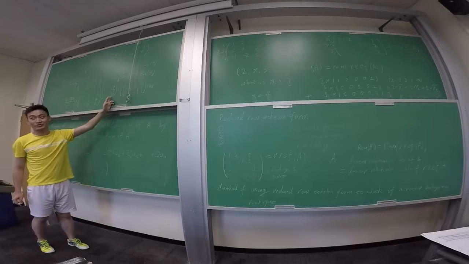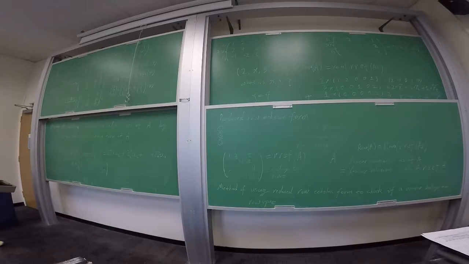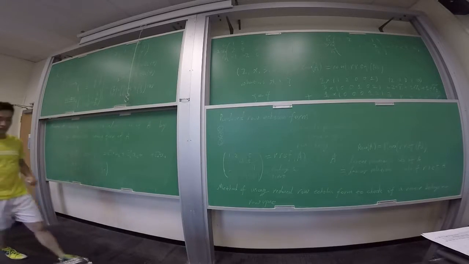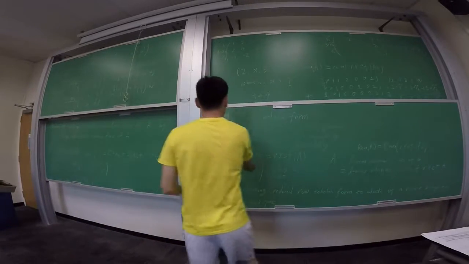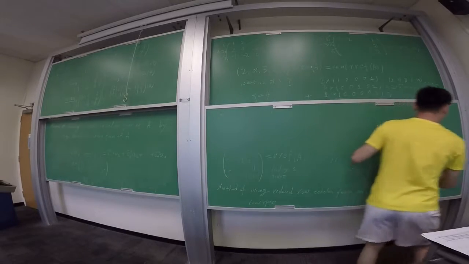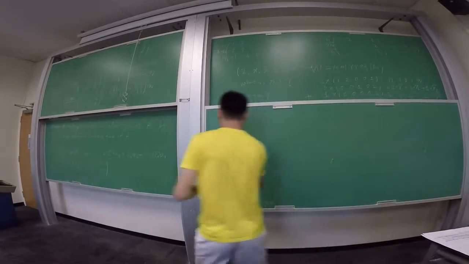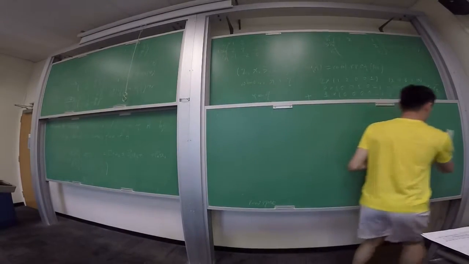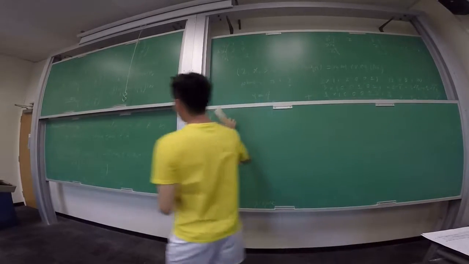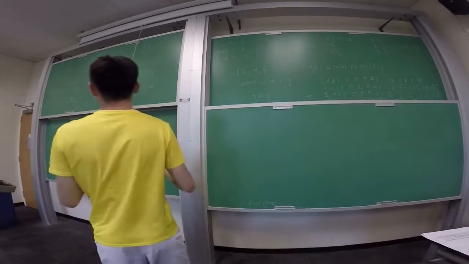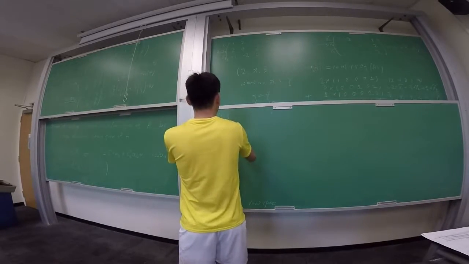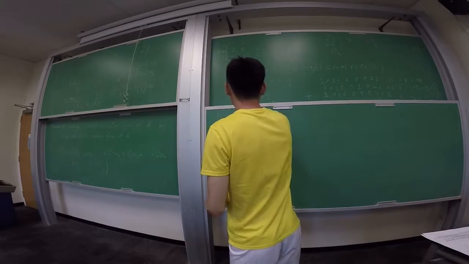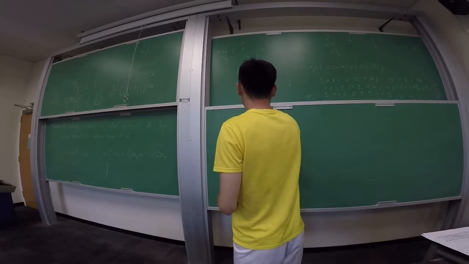Okay, so let's see an example. What if this vector is not in the column space of A? Then what will happen? Let's just use a random one, say maybe 1, 5, 10, right over here.